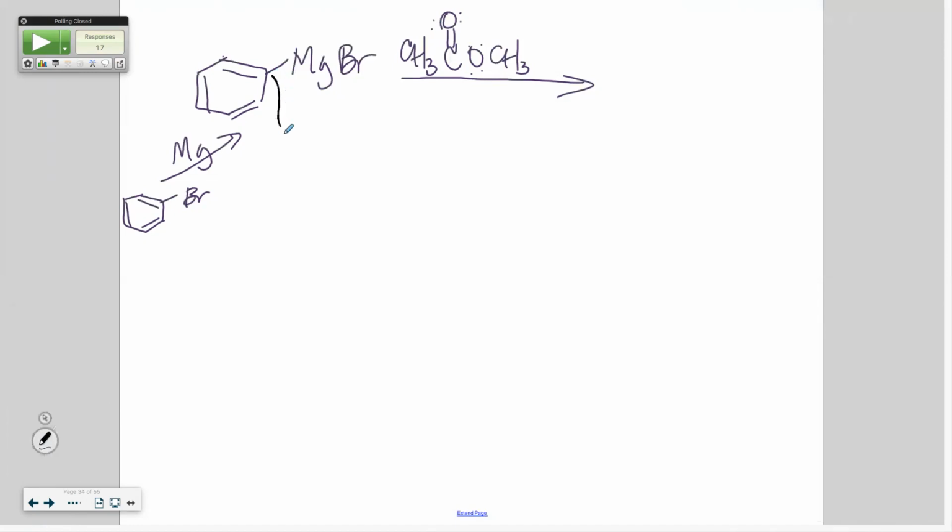Okay, and where do I go? And then I go out to the O. See the pattern. Feel the pattern. Okay, so what do I have at this point? I have that attached to the carbon. That was the carbonyl. So what's attached to that carbon?